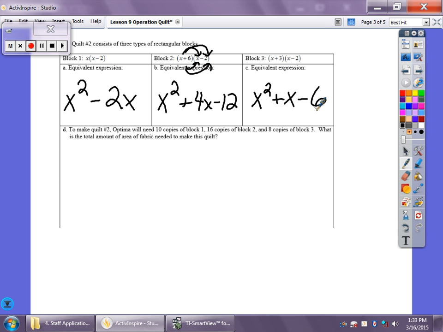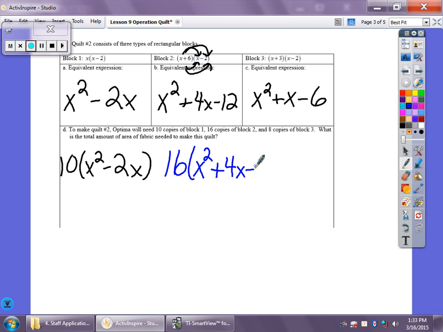I want 10 copies of the first, so 10 times x squared minus 2x. I want 16 copies of the next pattern, so 16 times x squared plus 4x minus 12. And then I would like 8 copies of the last one, x squared plus x minus 6.